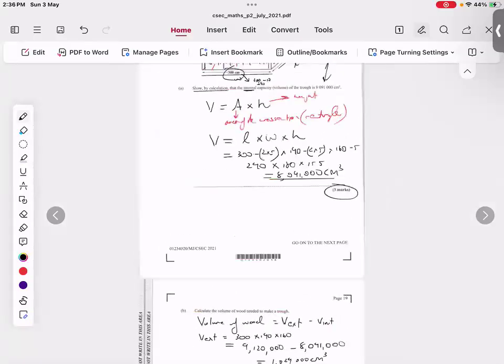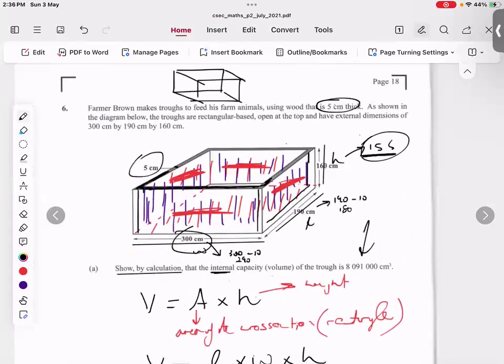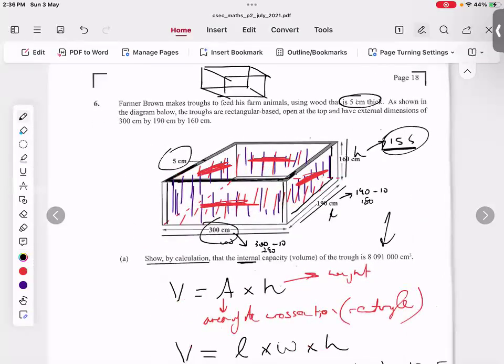From the formula point of view, the perimeter would have been the edge going around here: this edge plus that edge plus this inside edge plus that inside edge. That's the perimeter. What would those measurements be?